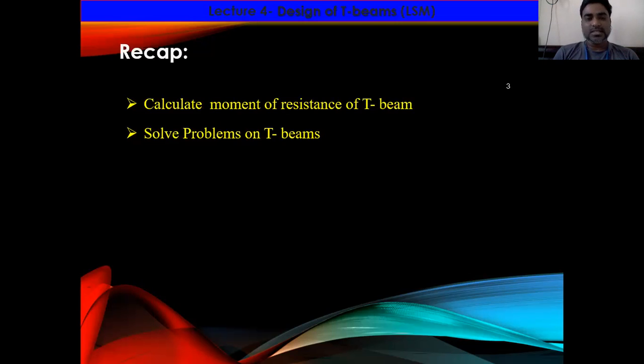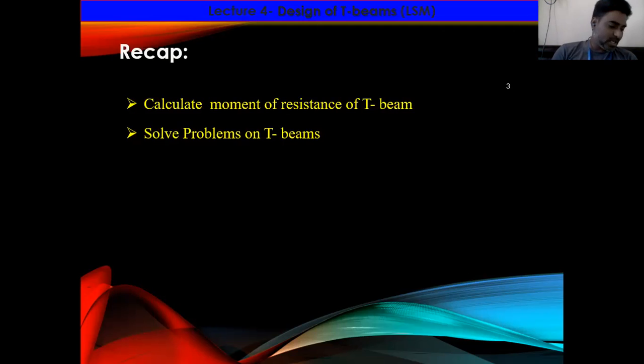So in all these three cases, how to determine the moment of resistance, we discussed in the last class, and we will solve some example problems also for better understanding, right? These are the different types, and all these are analysis problems. That means based upon the given data, because the dimensions of the section and properties of the materials are already given, we have calculated the moment of resistance.